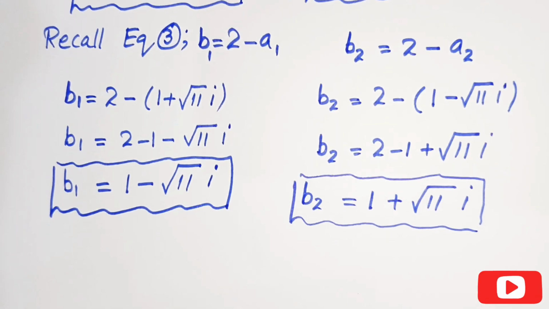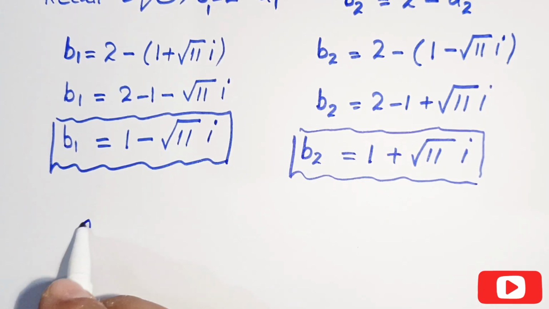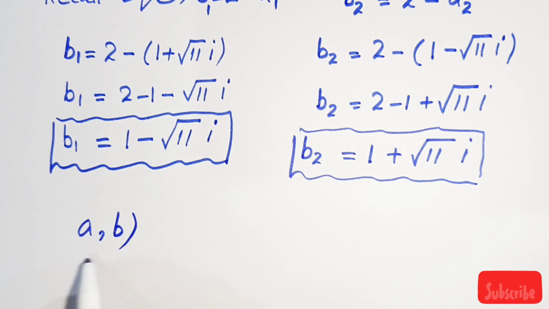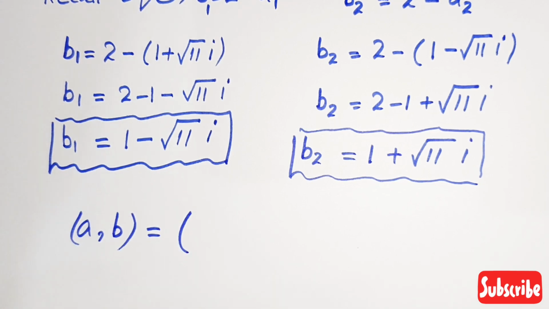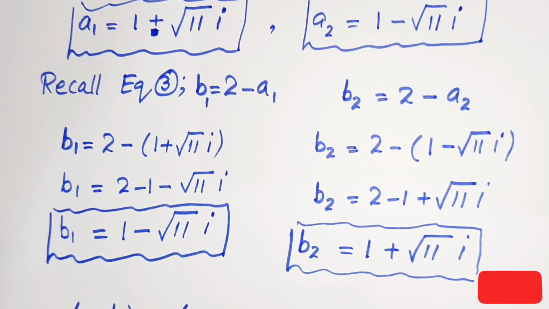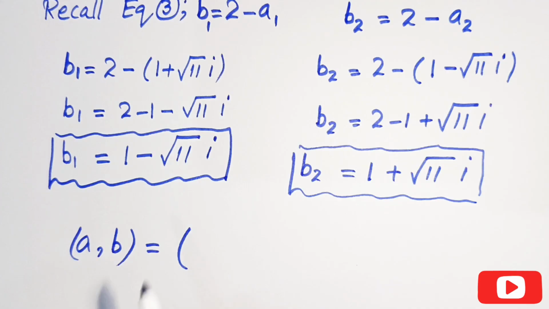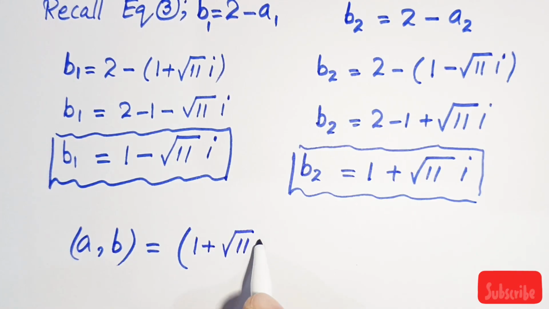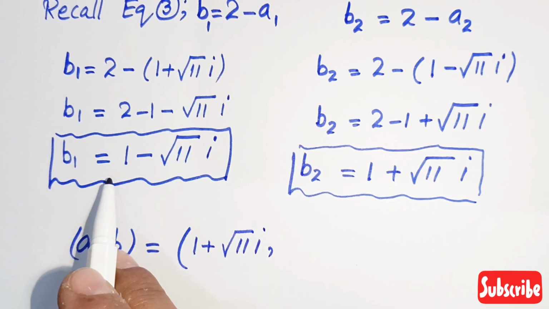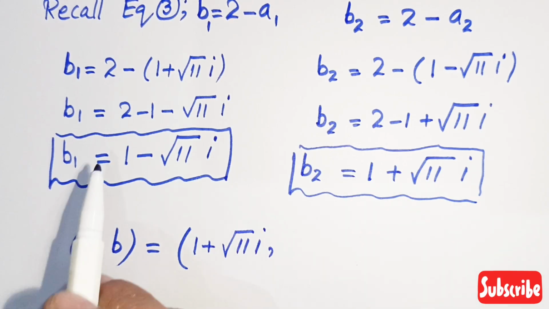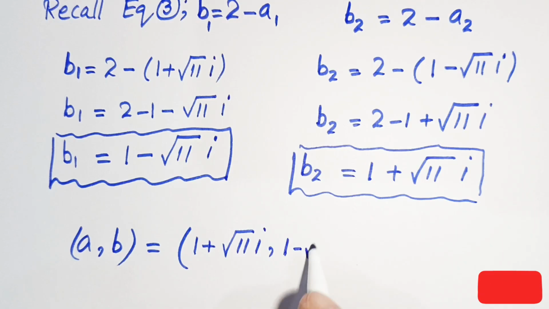Now we have the values of a and b. The first value of a is 1 plus square root of 11i, and for this value of a1 we have b1 as 1 minus square root of 11i.